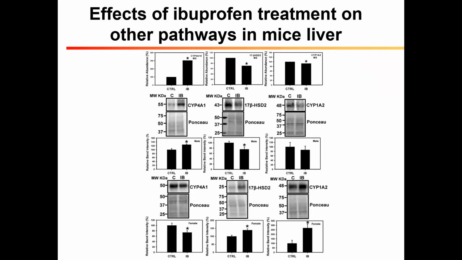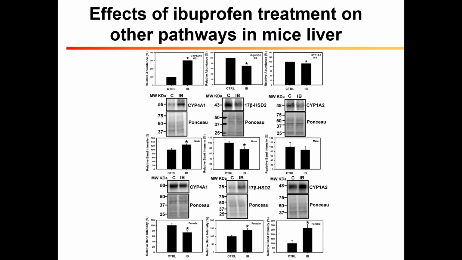So again, gender effects upon gender effects. If we look at how ibuprofen is degraded, so things like cytochrome P450, etc., we can see some of them are upregulated, some of them are downregulated in males, and in females, they're opposite. So if we look, for example, at cytochrome 4A1, it's increased in males, but decreased in females.